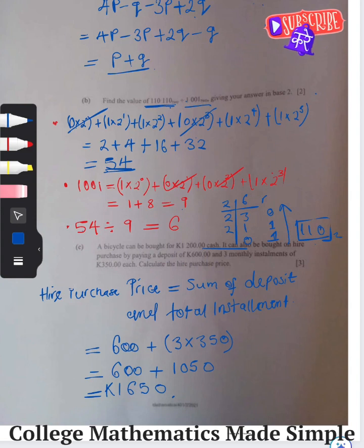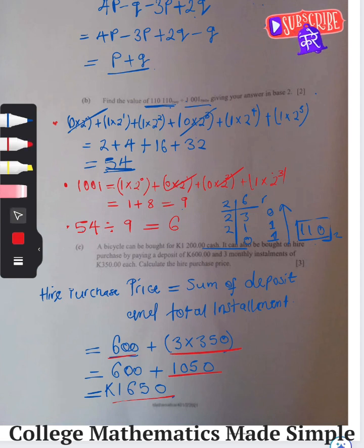But for hire purchase, we need first of all to make a deposit of 600, then pay a rate of 350 per month, but in 3 months. So 3 multiplied by 350, which is 1,050 kwacha, then plus 600, which is 1,650 as the price for the hire purchase.